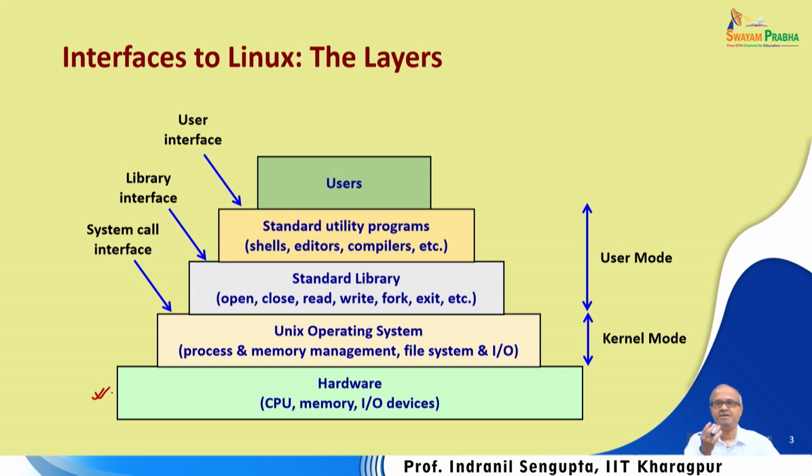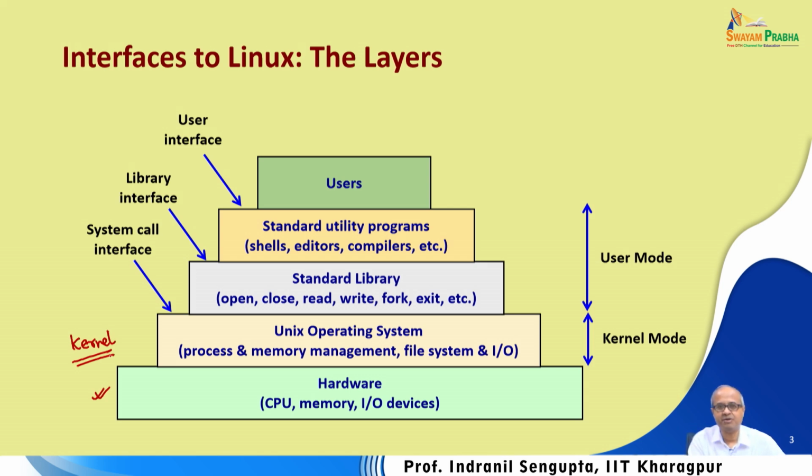On top of it you have the Linux kernel. This next layer, which is called the Unix operating system, basically is what the kernel is. This is the basic kernel or the central important routines that an operating system should have.